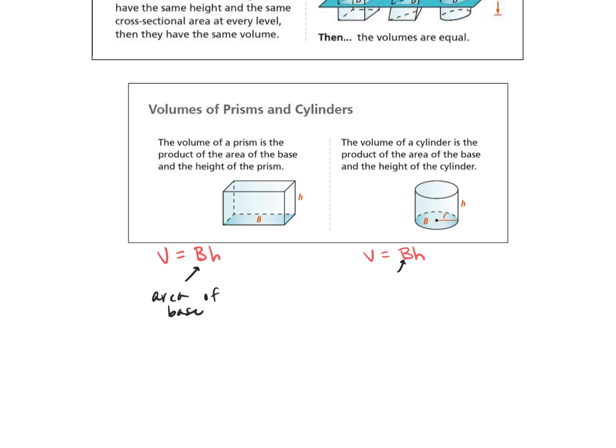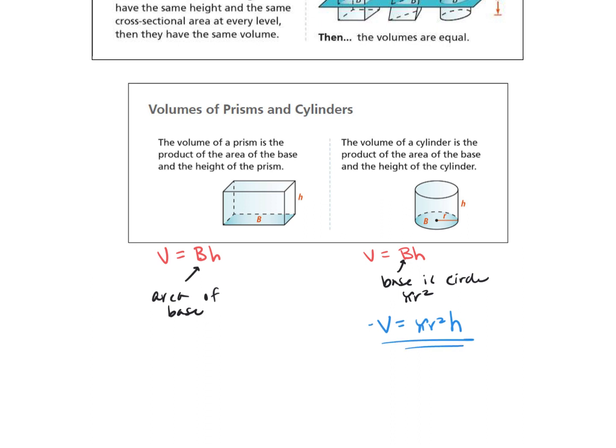But we know if your base is a circle, then that area is pi r squared because every cylinder will have a circular base. So we can just replace that and say, well, that means that the volume of a cylinder is the area of the base, which is pi r squared, times the height of the cylinder, h.